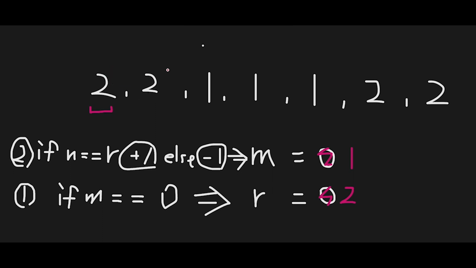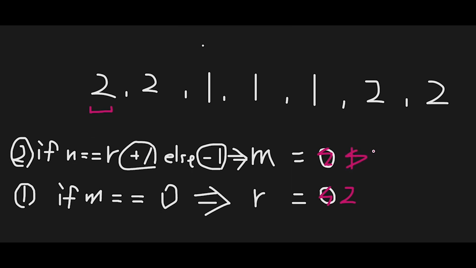So now we find 2 again. If the majority number equals 0, but now it's 1, so I don't update the result variable. And then if the current number 2 equals the result variable, which is now 2, 2 equals 2, so in that case, add +1 to the majority variable.